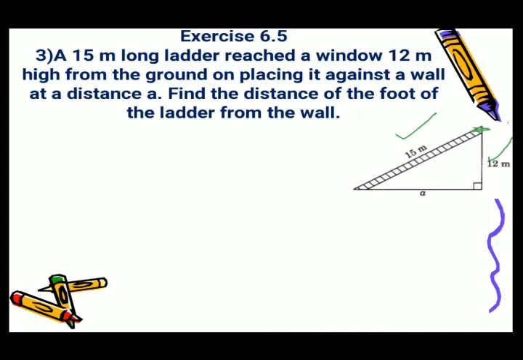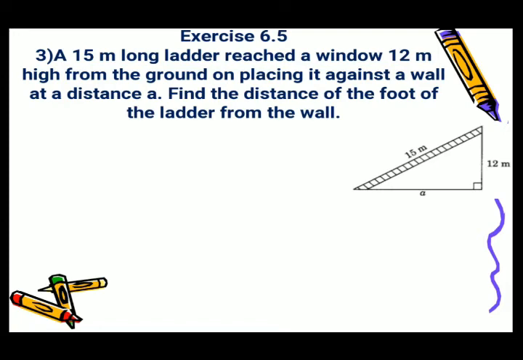Now, on placing this ladder against a wall at a distance a, the distance between the foot of the ladder and the wall is a. Now here you can see that a square is made on one side, which means that it is a right angle triangle.